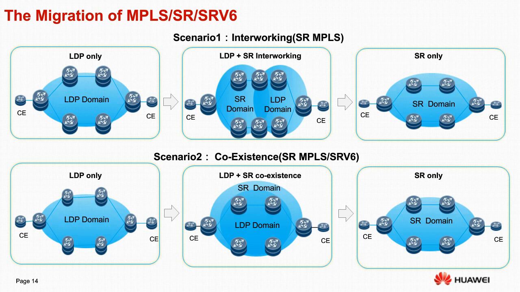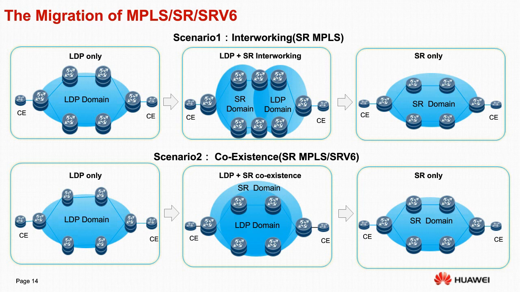One scenario is interworking. The left side is a segment routing domain, and the right side is an LDP domain. We just deploy the segment routing mapping server to support it, and then the whole network migrates to SR only.